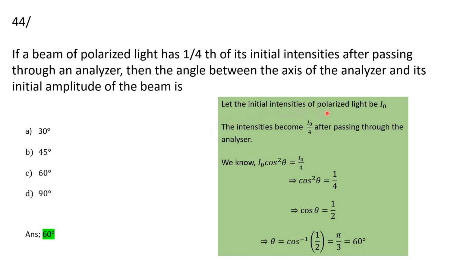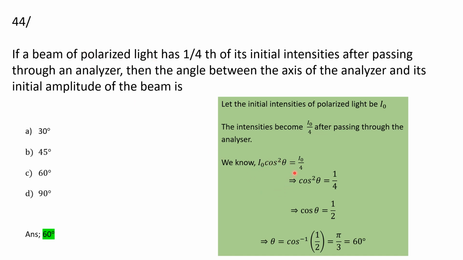Let the initial intensity of the polarized light be I naught, and the intensity becomes I naught by 4 after passing through the analyzer according to the question. And we know that I naught cos square theta is the final intensity, because here it has been given that this is polarized light.